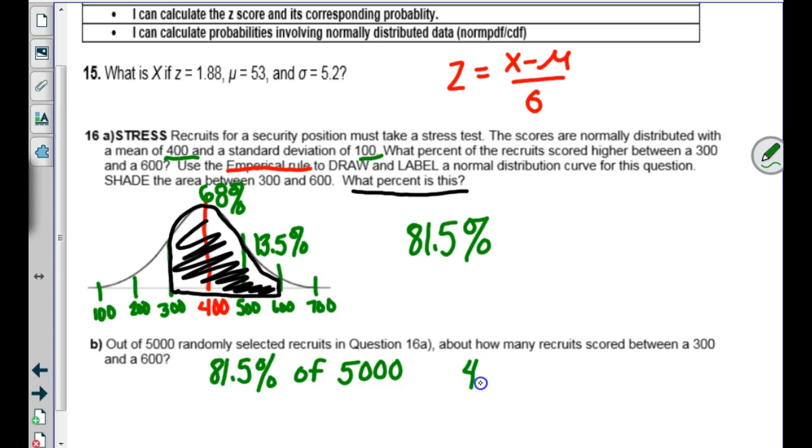You get 4075. Everybody get the difference between those two? This one wanted a percent, this one wanted an actual number of recruits.